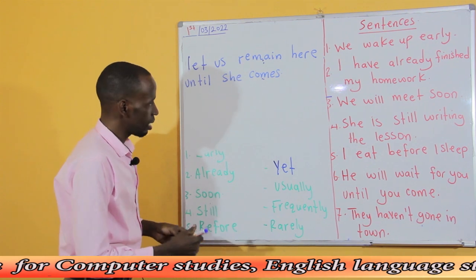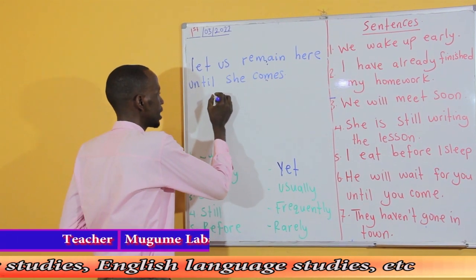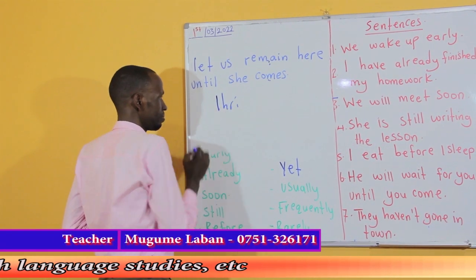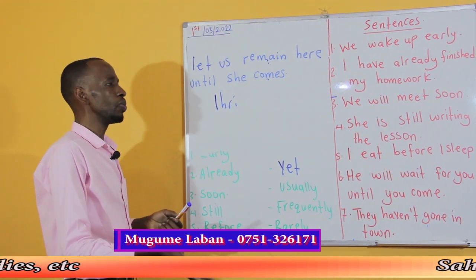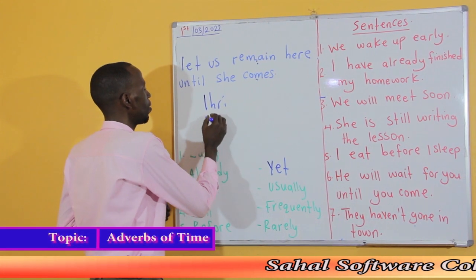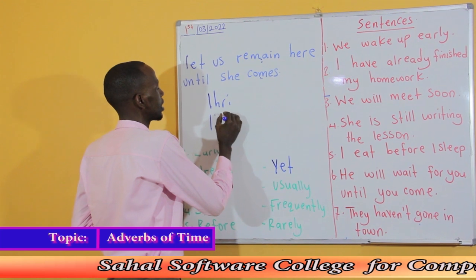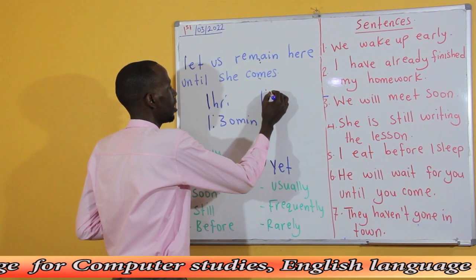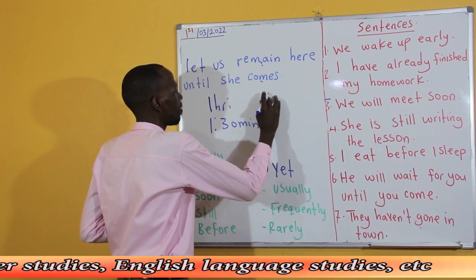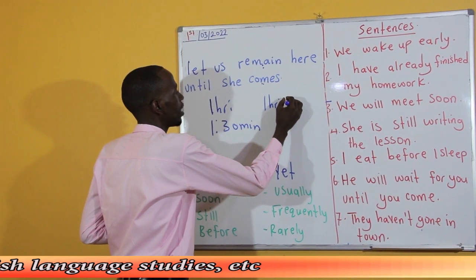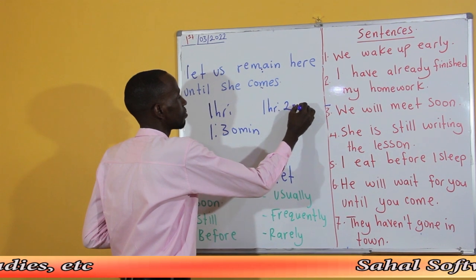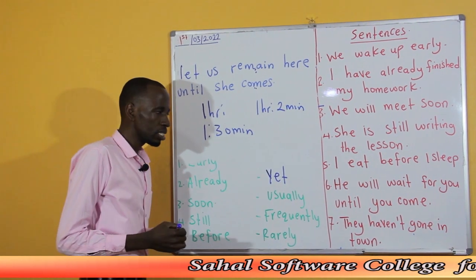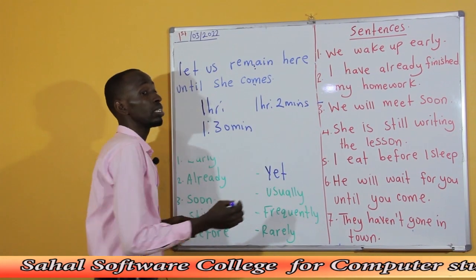If I use the other example that I gave you about exam, if the exam takes 1 hour, and for you, you want to take 1 hour and 30 minutes. Then after 1 hour and 2 minutes, I will say, have you finished? Then you can say, not yet.